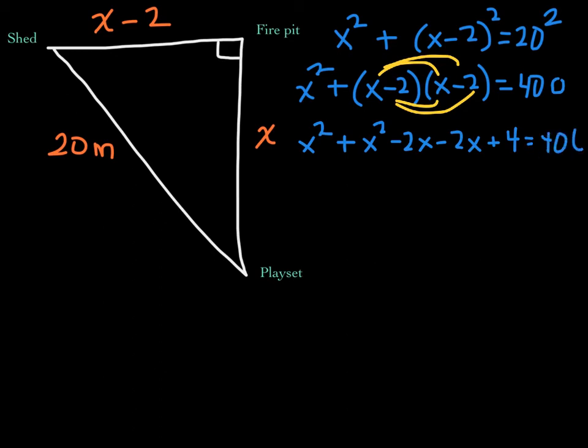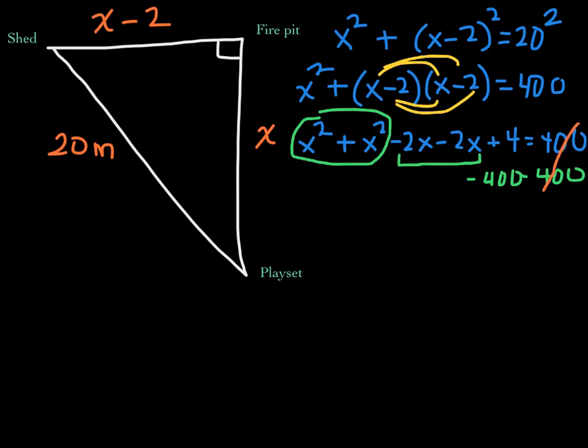Now, because this is quadratic, I'm going to set this equal to 0, and I also want to combine some like terms, okay? So first of all, combine these x squareds to be 2x squared. Combine these first degree terms, and let's subtract 400 from both sides. All right? Which basically means you're going to subtract 400 from 4. This right here sums to 0.